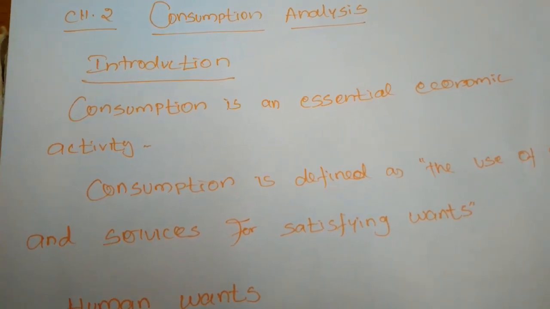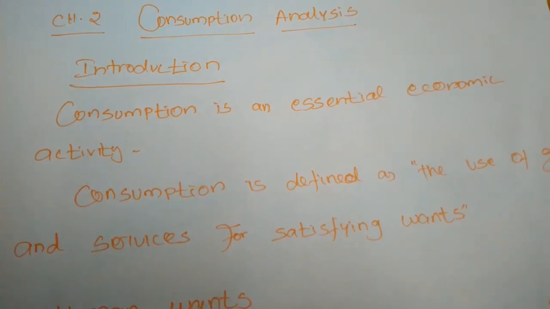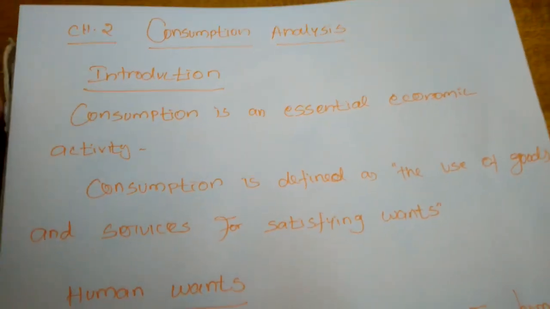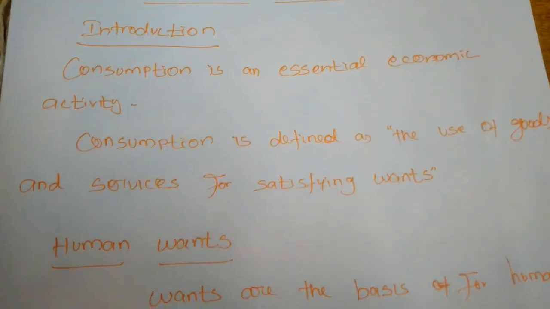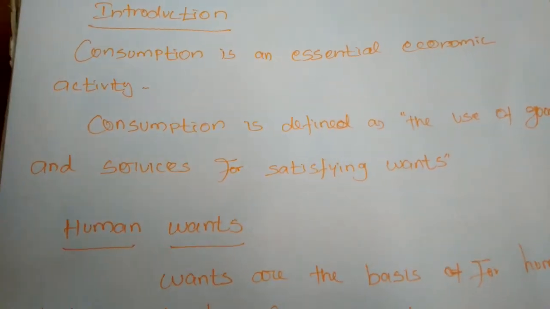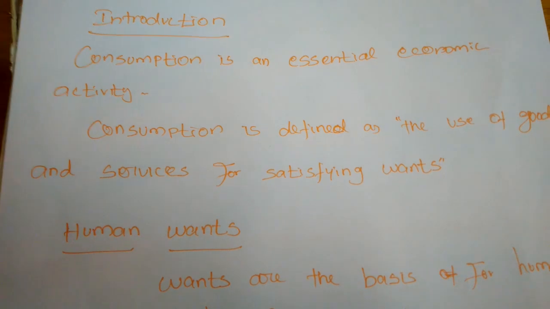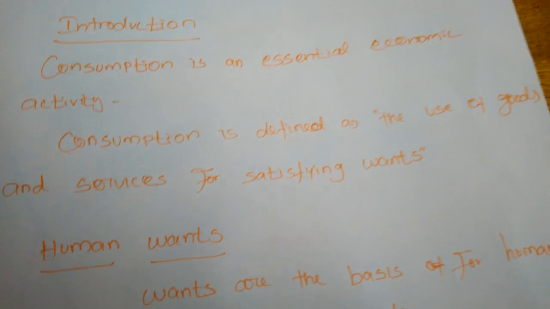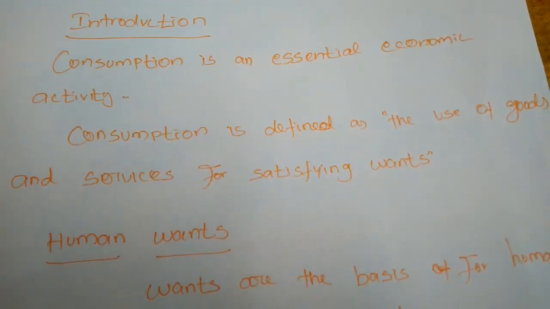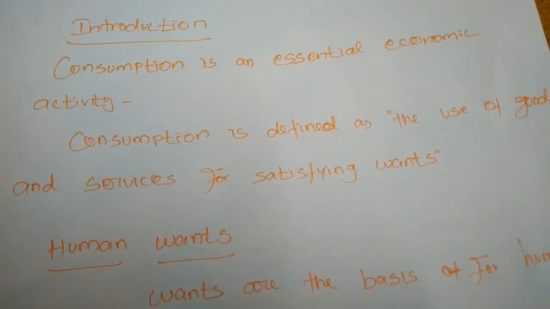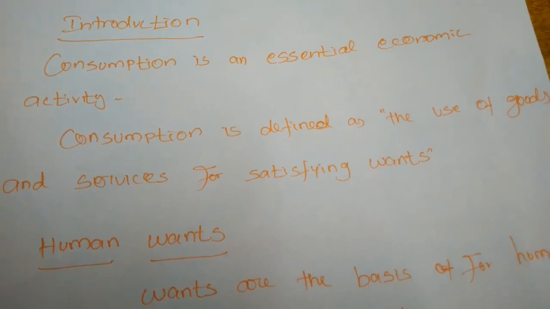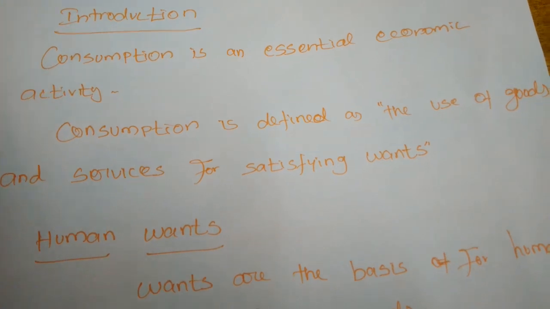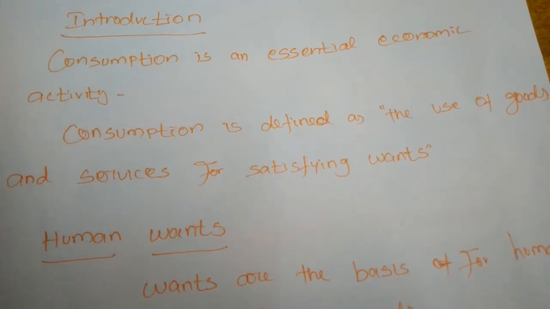The quantity and the quality of consumption determine the standard of living of the people. If you want to understand the standard of living of the people, we can understand it on the basis of the amount of their consumption. Normally, if people consume more commodities and luxury goods, we can understand that they may be rich people and their living standard may be higher.